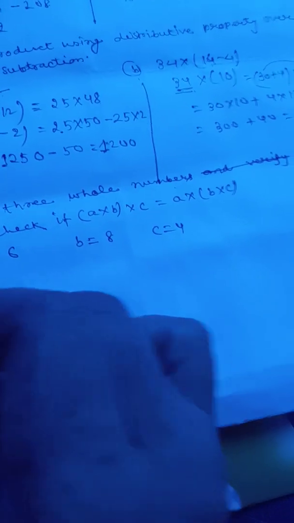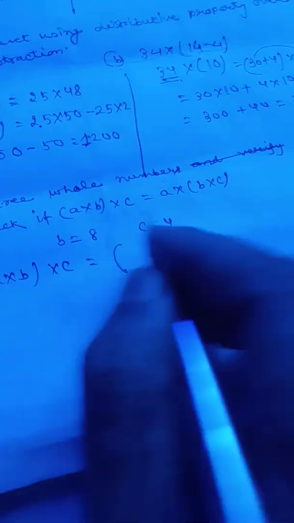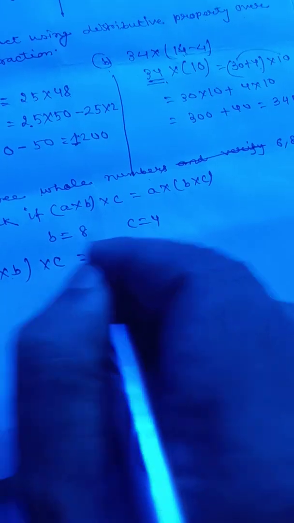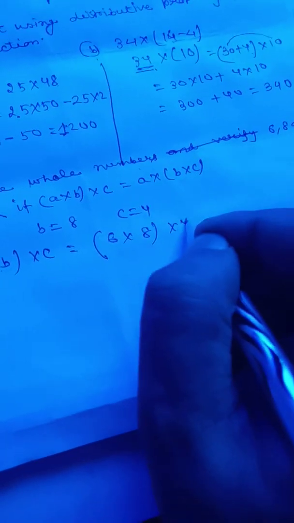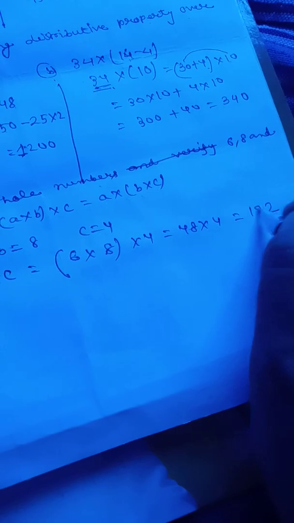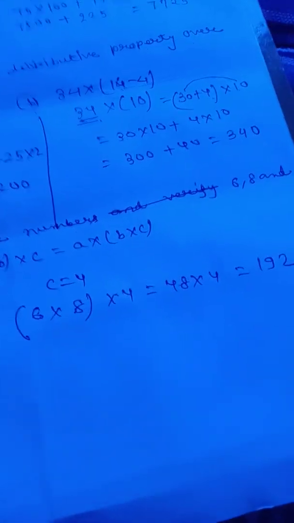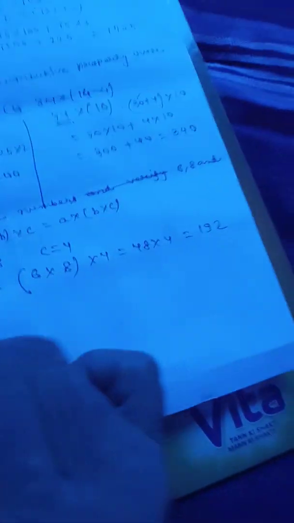Then left hand side A into B into C is equal to, we put the values of A, B and C here: 6 into 8 into 4. 6 times 8 is 48, into 4, is 192.